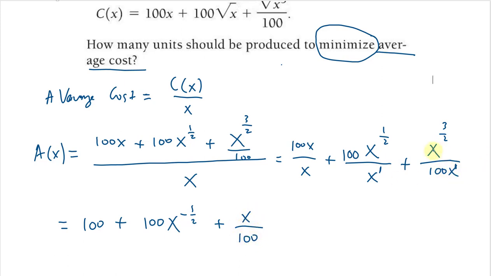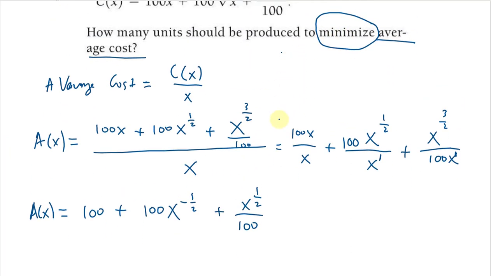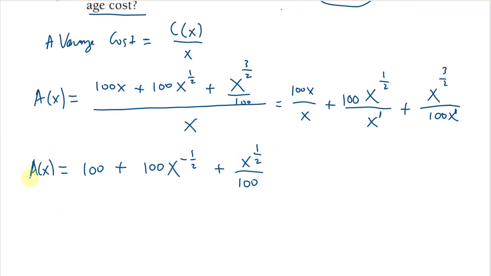Okay, the bases are the same, so you take 3/2 subtract 1. 3/2 subtract 1 is 1/2, and keep 100 at the bottom. We are just combining all the like terms of the x together. Okay, so here is your expression of the average cost, and you are looking to minimize this expression.